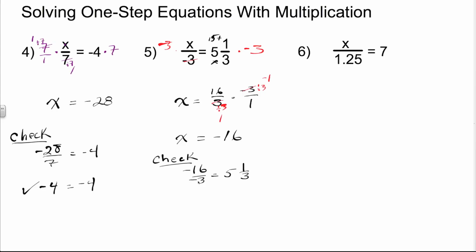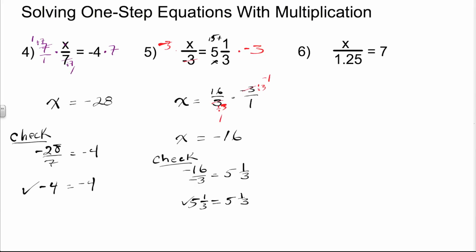So negative 16 over negative 3, the answer is going to be positive. 3 goes into 16 5 times. The denominator of the fraction is 3, and there's 1 left over because 3 times 5 is 15. So this solution does check out.